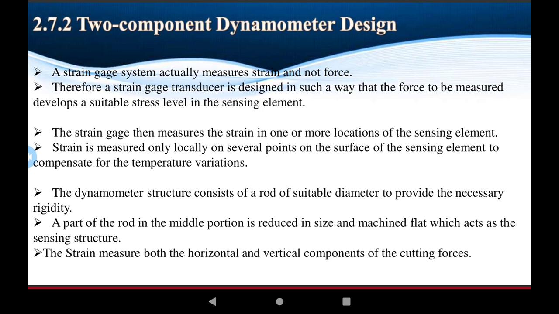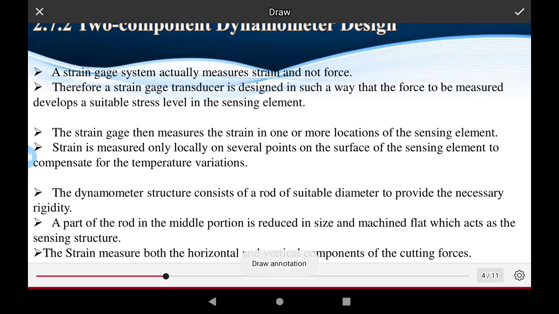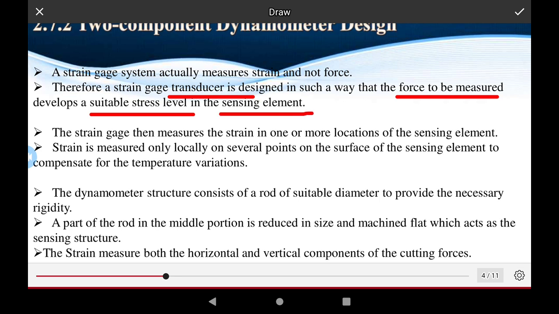In two component dynamometer design, the strain gauge system actually measures strain and not forces. The strain gauge transducer is designed in such a way that the force being measured develops a suitable stress level in the sensing element.